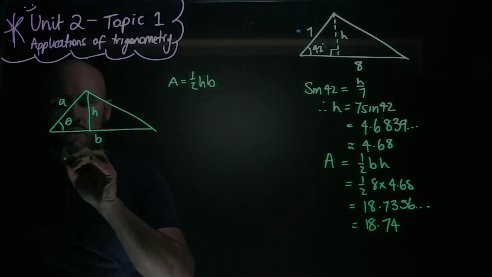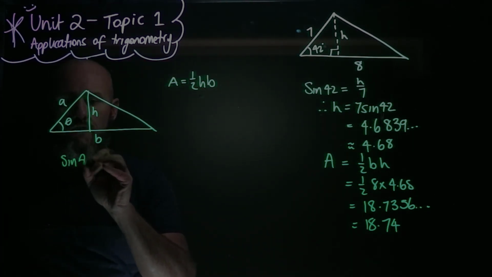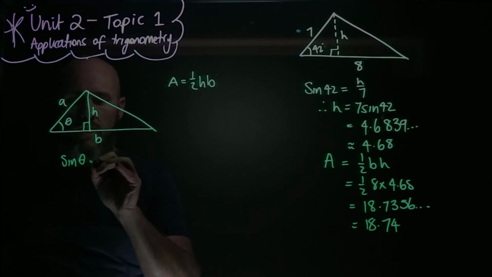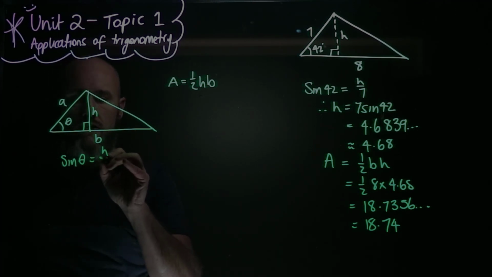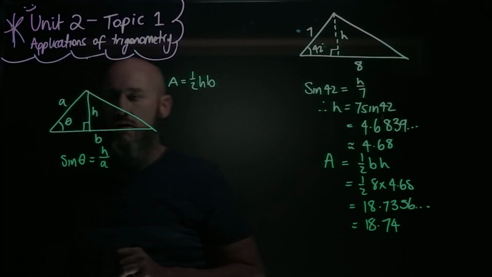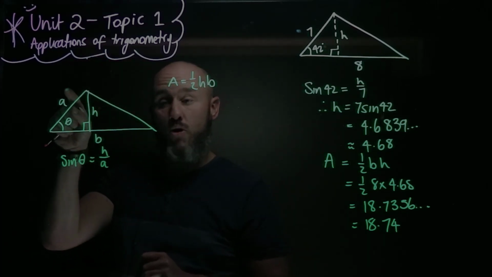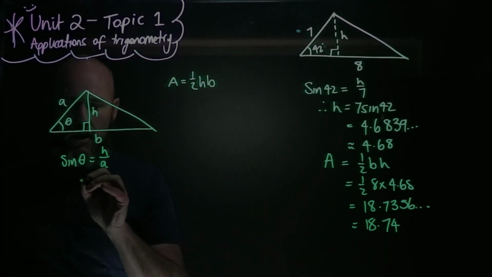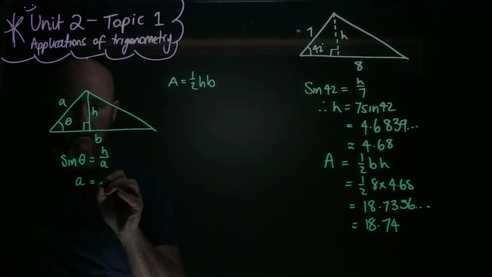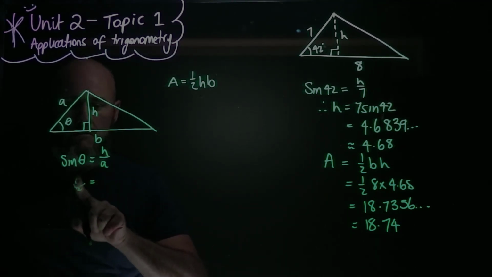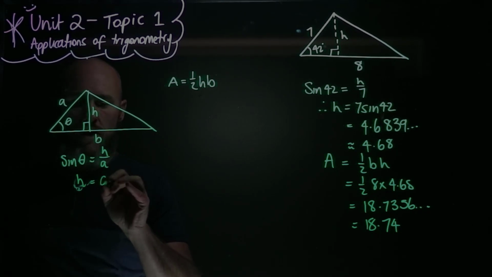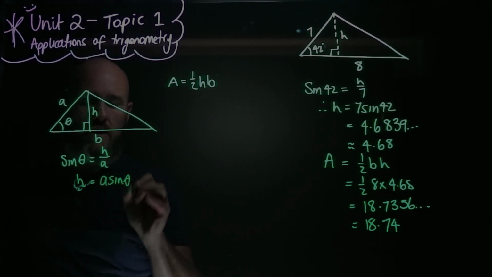We say, well, I know that sine of theta, because it's in this right angle triangle here, is equal to height over A. This is my opposite over hypotenuse. And so I can rearrange that to say that that height is equal to A sine theta.